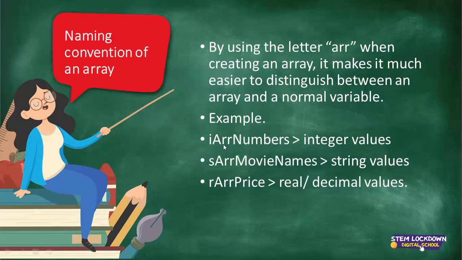Notice that I said I array because ARR helps us to note that that's an array. And notice we said that an array is not only limited to numbers. You can use an array with string values, which is over here. So S array movie names, which is string values. And then obviously real values as well. R array price, and obviously those are real or decimal values.